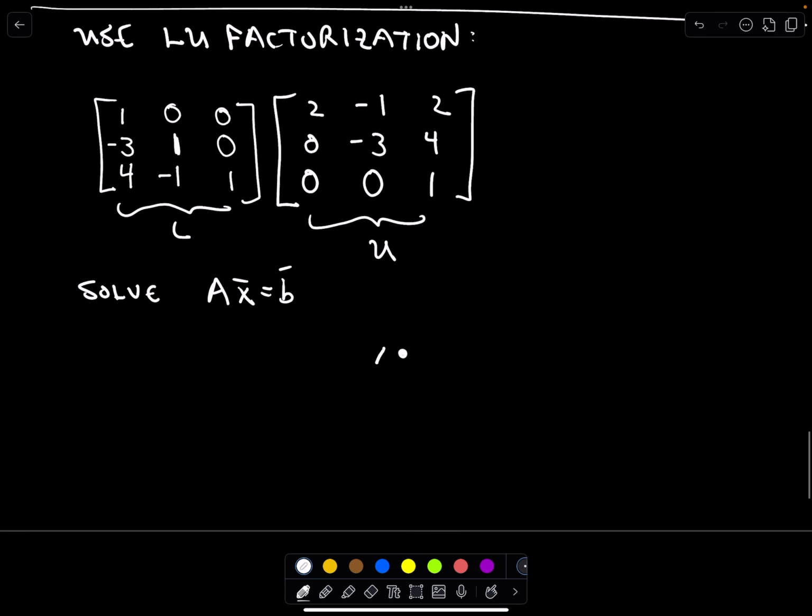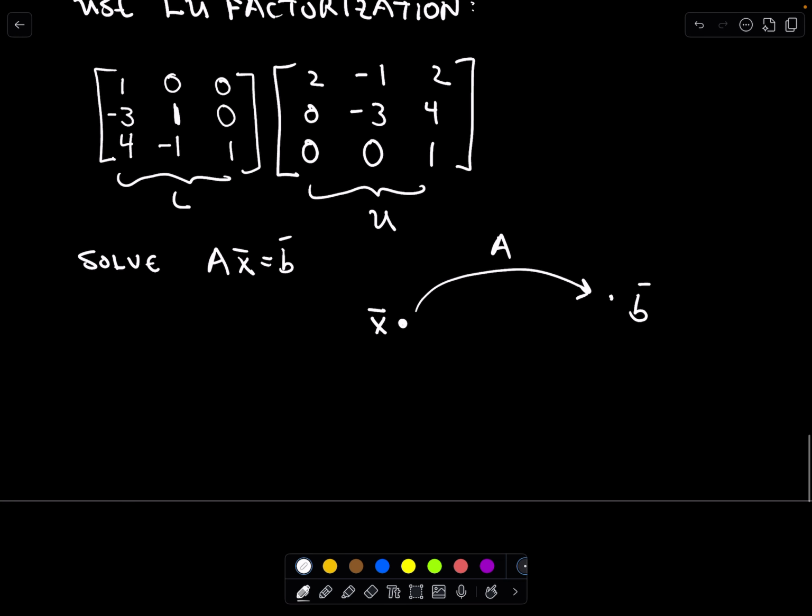Now, we just found X in one way, and that was via row reduction. We figured out what vector X got mapped to that vector B. What I'm going to do now is find an intermediary vector.